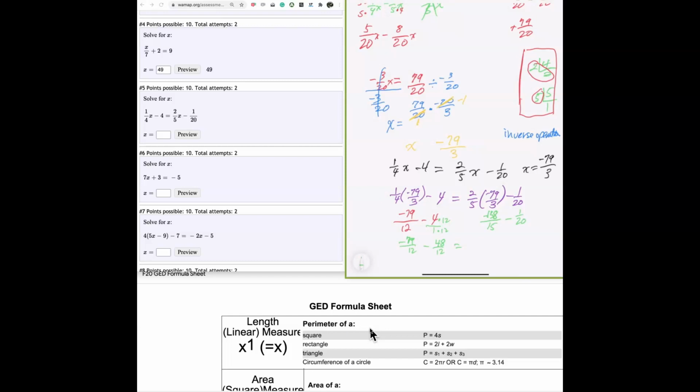So let's look at negative 79 twelfths minus 48 twelfths. So this is a negative number getting more negative. So we're going to combine the 79 and the 48 and keep the negative sign. So that's like 80 plus 47. See how I did that? So negative 127 over 12.